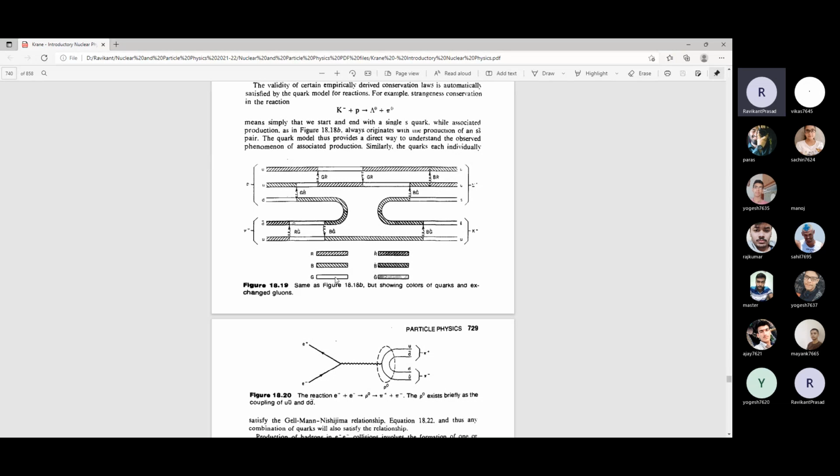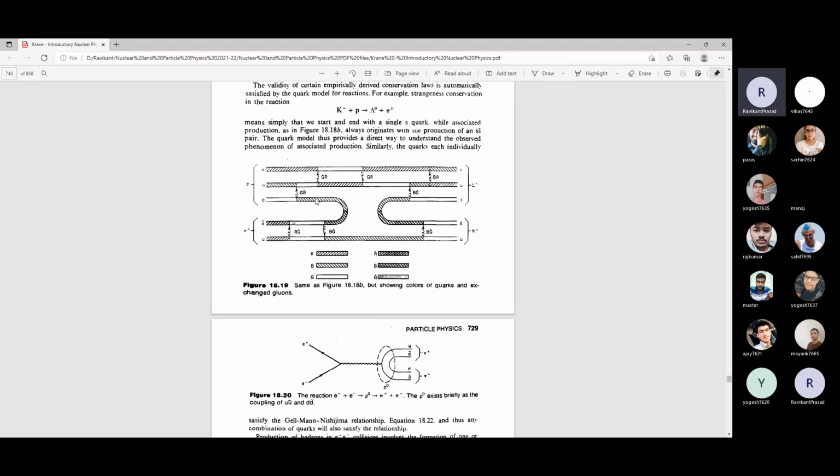They have also marked here, so that is only the anti-blue and green color. So it has given the green color to this up quark and it becomes this one, this blue. So when it is becoming blue, it is emitting the anti-blue also. So it has to give the green and anti-blue so that it becomes a blue.